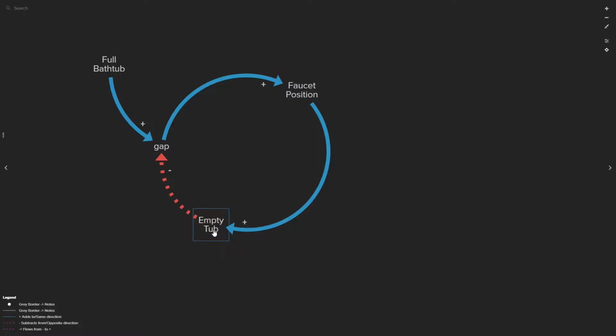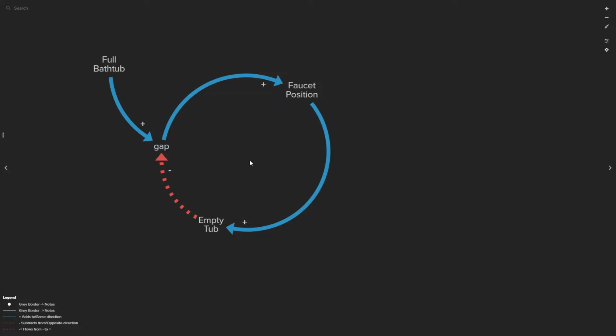And it ends up that the meaning of the plus relationship differs depending on whether or not the entity is a stock, something that accumulates over time. If time were to stop, whatever that quantity was, it would still be there. Whereas the gap is just a calculation of the difference between the full bathtub and the empty bathtub. The gap doesn't accumulate over time.